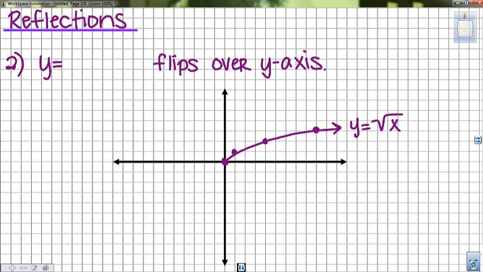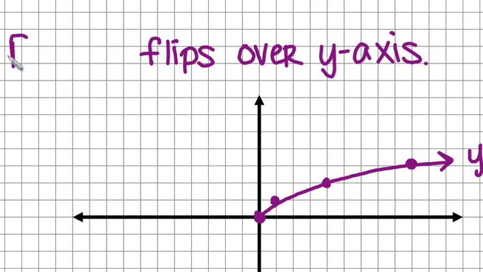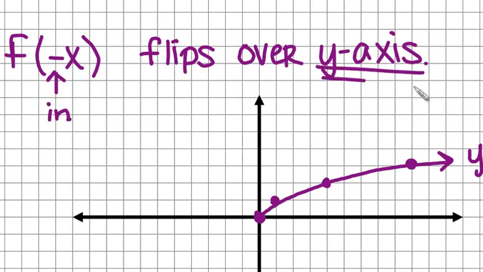The other type of reflection happens when you have the negative in your function. Okay. So in, okay, and that's also a flip, but this time it's over the y-axis. So here we're using the same parent function, but now we're flipping over the y, so we reflect the y values.